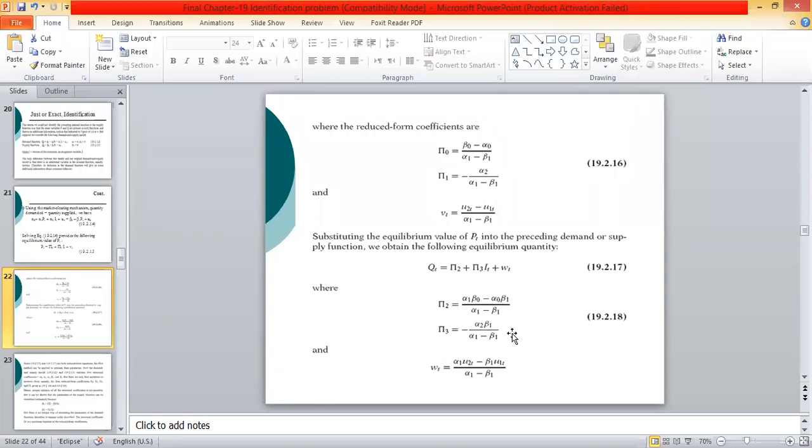So pi 3 over pi 1 equal to beta 1. It means the numerical value of the structural parameters can be obtained by using the reduced form coefficients.